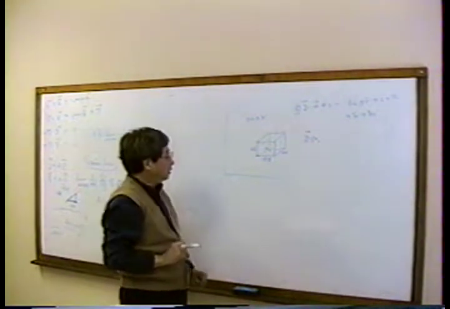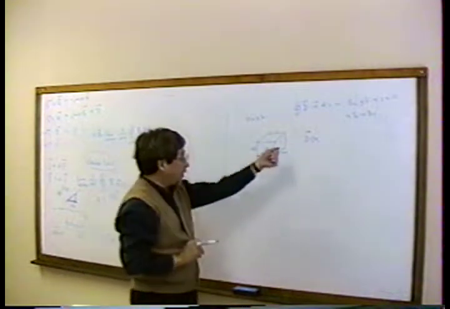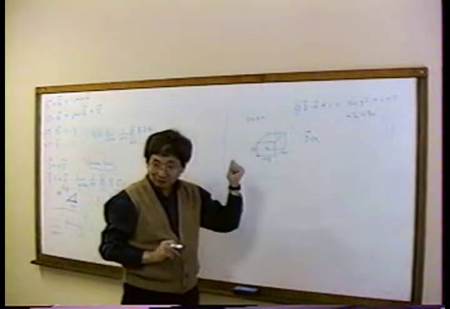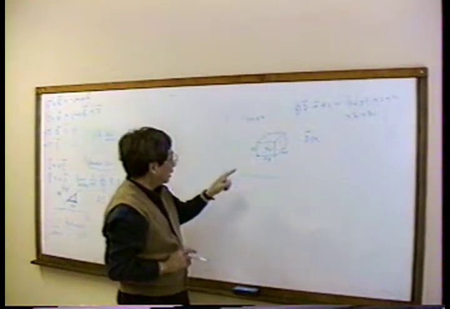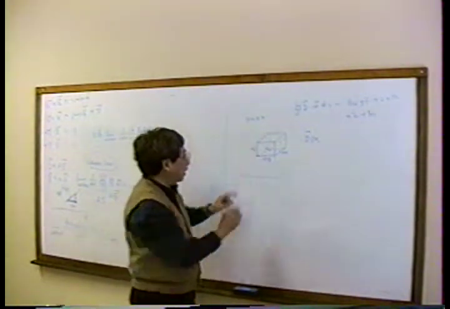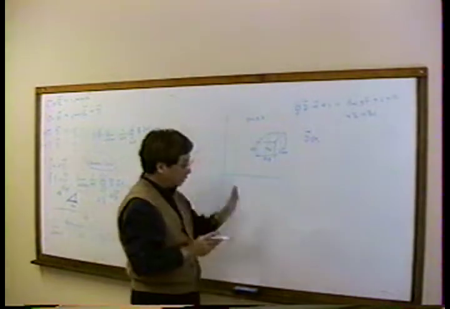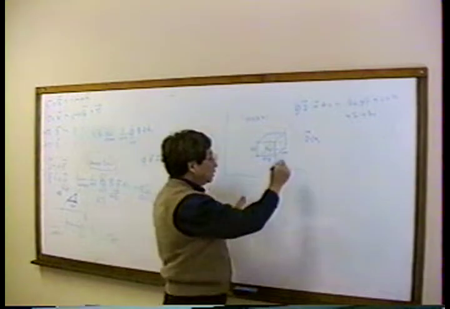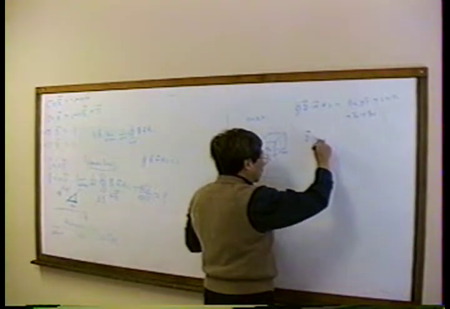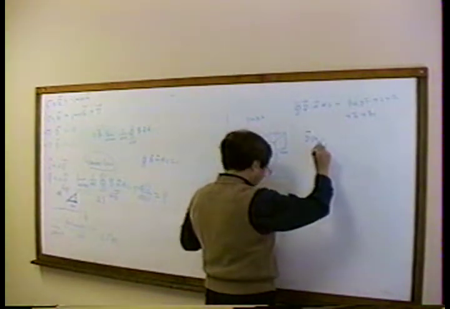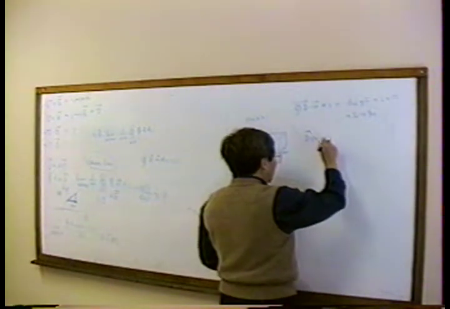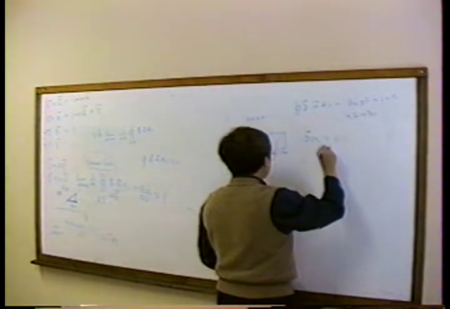So we take D as a flux density and integrate it over that back side. What is a typical point on that surface? Call it Y prime, Z prime.